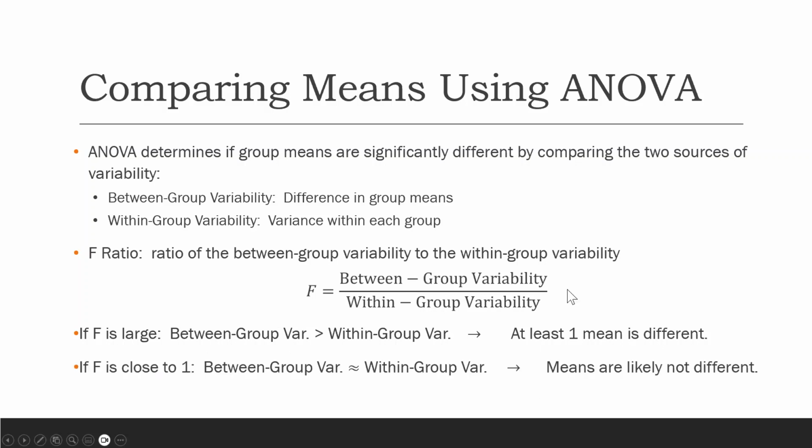However, if our F statistic is close to 1, that means that between and within group variability are similar in size, and that's not going to provide us with much evidence to reject our null hypothesis, right? Which means that we're probably not going to be very likely to have means that differ.